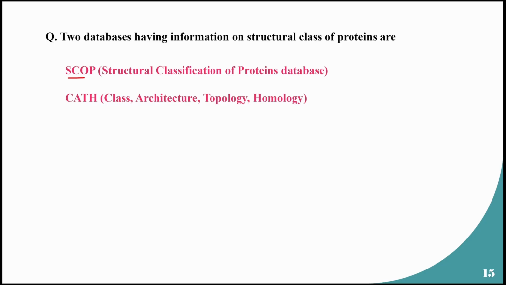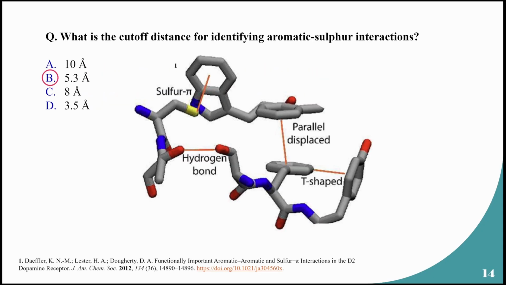We'll take a look at the types of classes that have been defined here. In the previous question, it's asking about the cutoff distance for identifying aromatic sulfur interactions. In this case, a particular value of 5.3 angstrom is given here. I believe this was a question from one of the previous iterations of the course, so that's why I included it here.